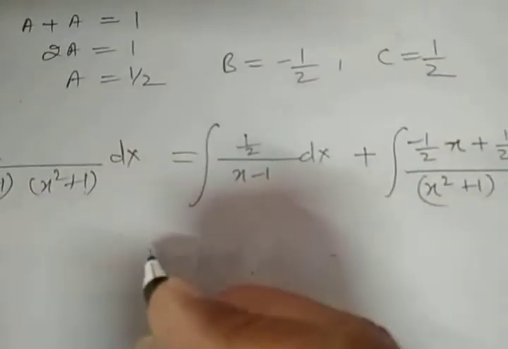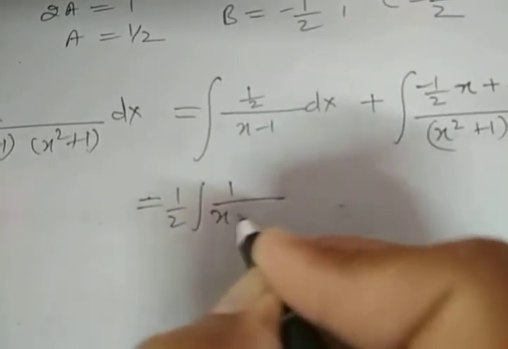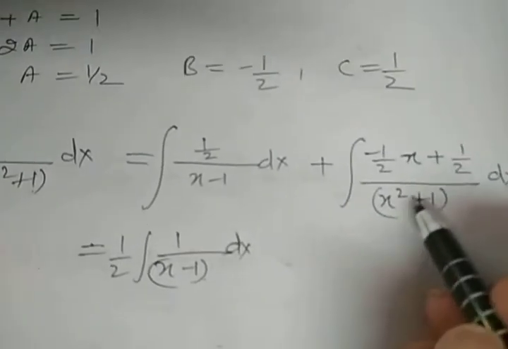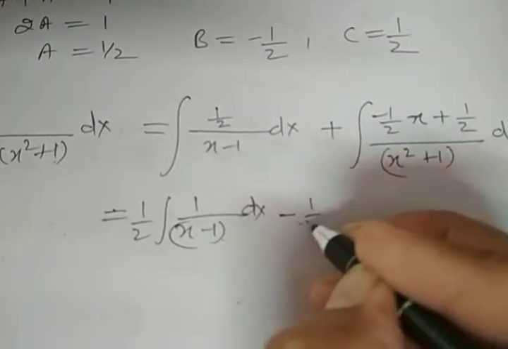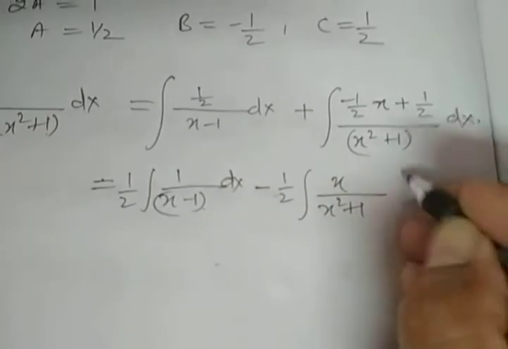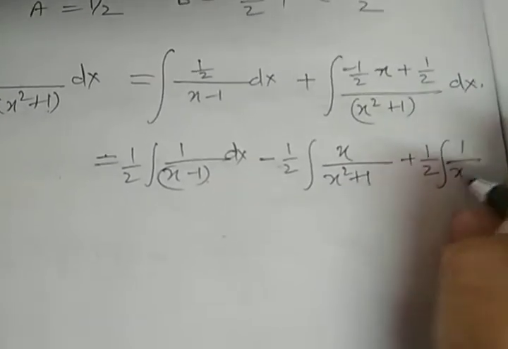Now see, this will be 1 by 2 into integration of 1 upon x minus 1, minus 1 upon 2 x upon x square plus 1, plus 1 by 2 into 1 upon x square plus 1.